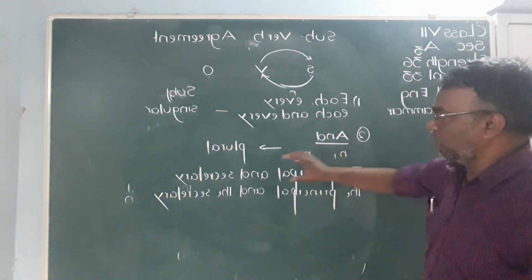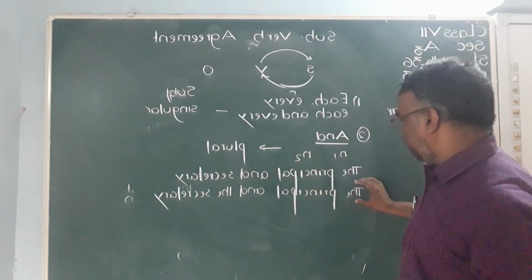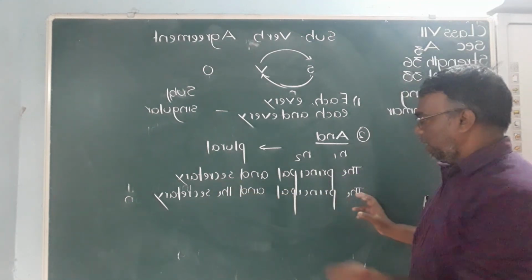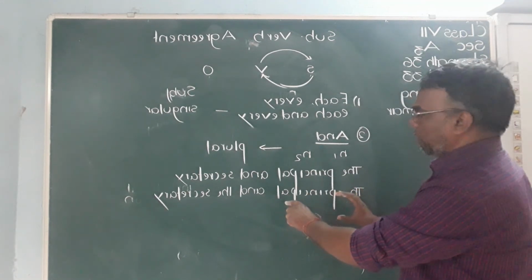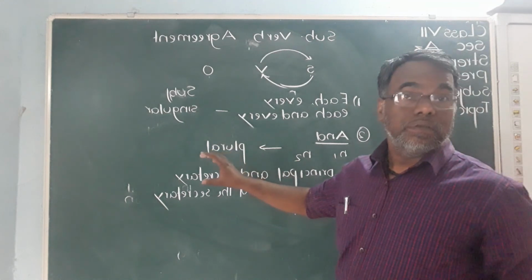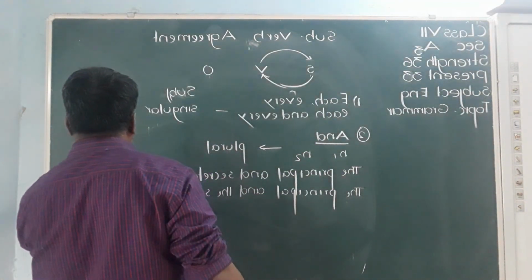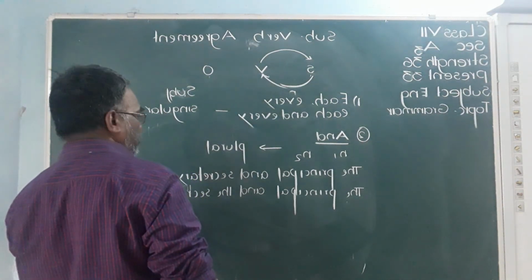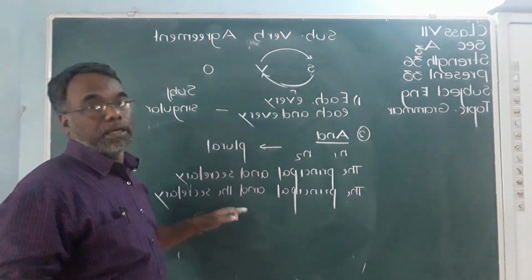In the first case, one article is missing: the principal and secretary. In the second construction: the principal and the secretary. When two articles are used, they refer to two different people, and when there is only one article, they refer to only one person. So the subject is singular in the first case and plural in the second, and accordingly we supply a singular verb in the first case and a plural verb in the second case.